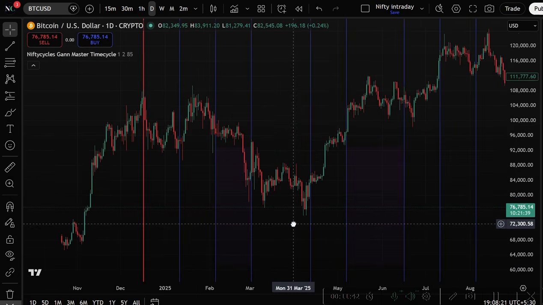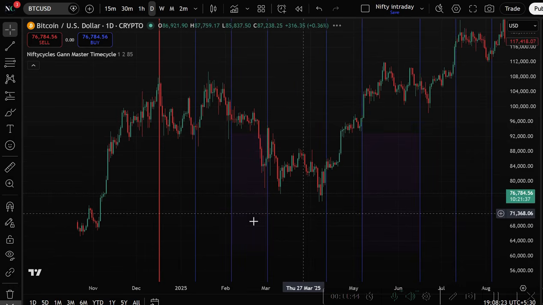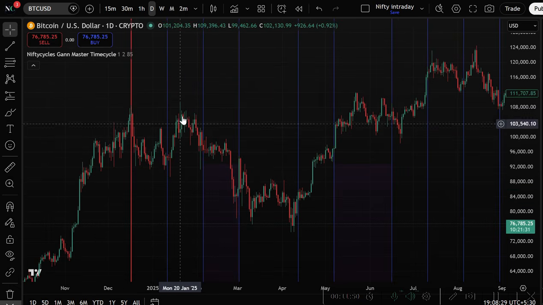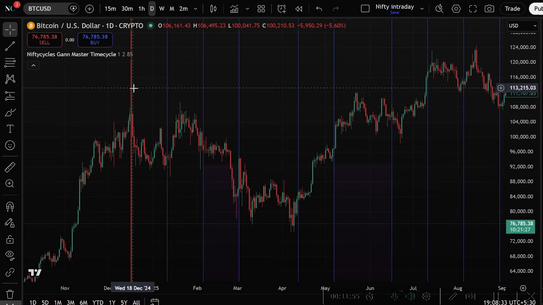Okay, so let's start from 4th of November. Is that a good low? Or we can start from this anchor, 20th of January 2025.